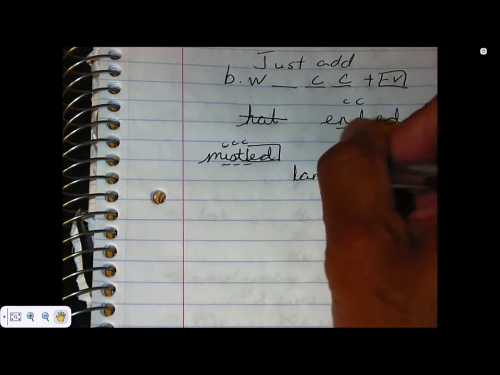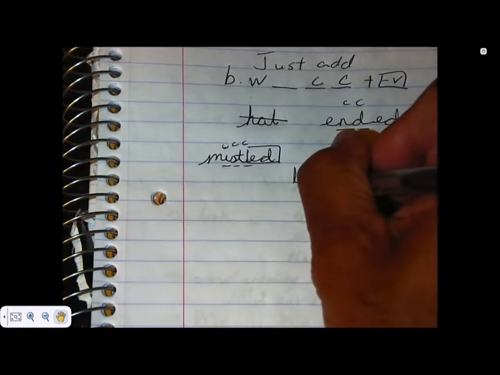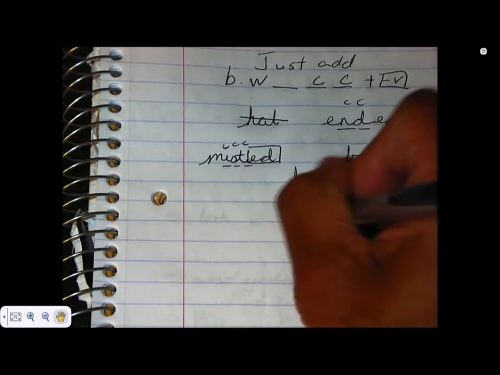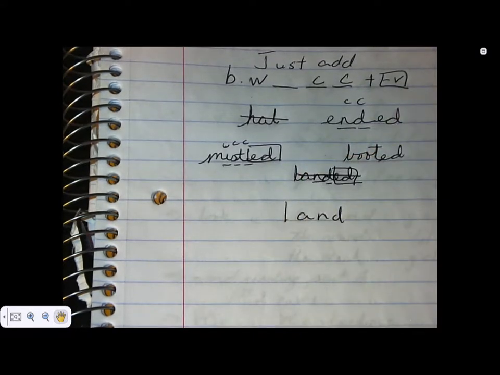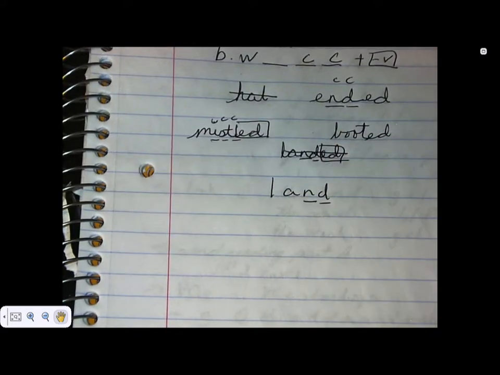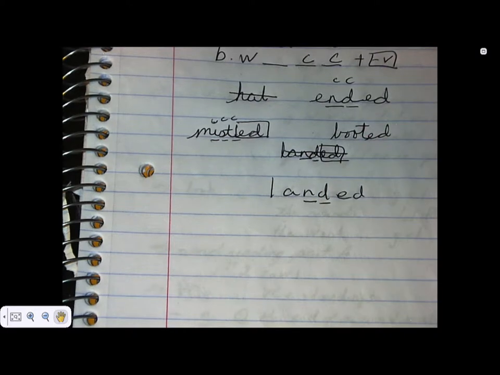The word was land. Consonant are the last two letters. So all we're going to do is add suffix ed, landed. All right. So now we're going to move on.